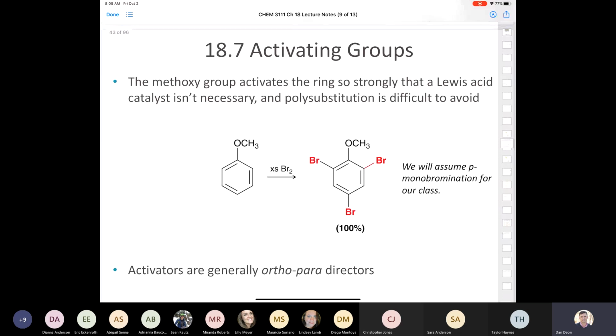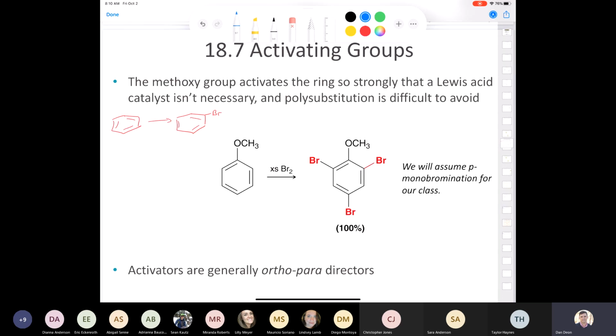In fact, the methoxy group activates the ring so strongly that a Lewis acid catalyst isn't necessary, and polysubstitution is difficult to avoid. You probably remember from Monday's class, when we talked about the halogenation of benzene, if we took benzene and wanted to make bromobenzene or chlorobenzene, we needed a Lewis acid catalyst.